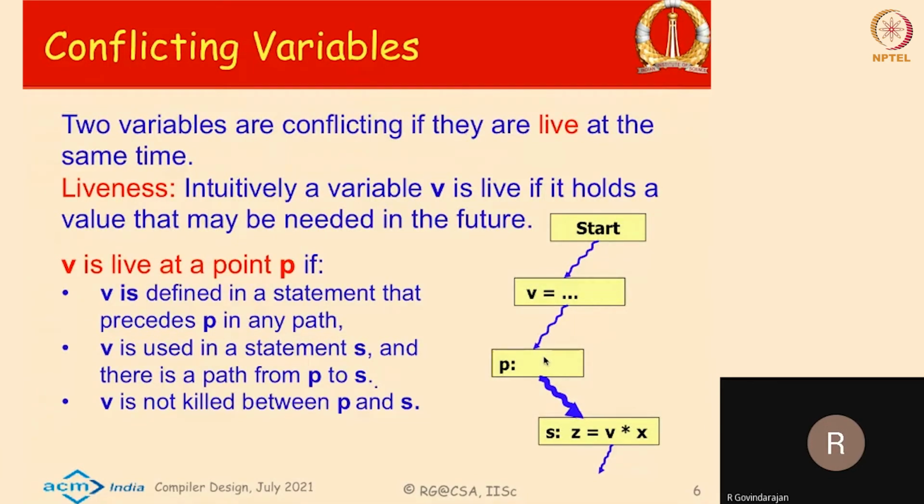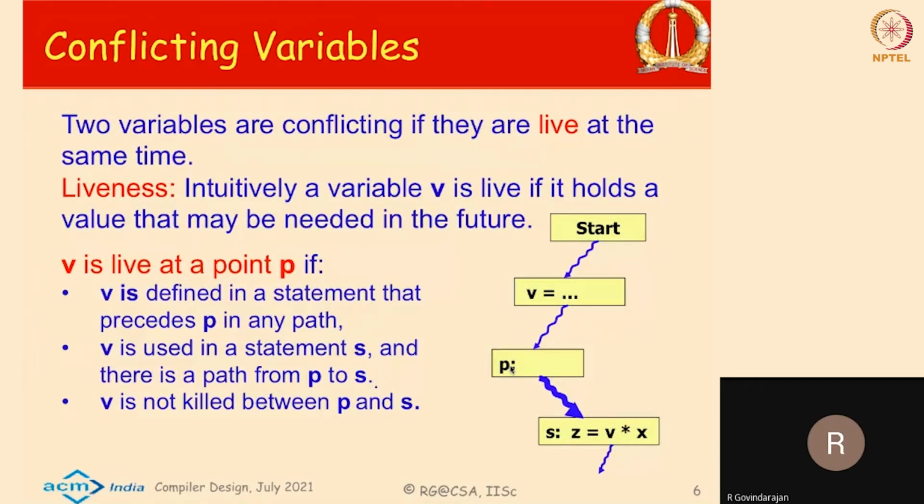We can't discard the value of v because it is going to be used subsequently, and there is no other definition of v on this path from p to s. Therefore, I can't discard this value. If there had been a definition somewhere here, I could say that this value of v may not be needed because I'm going to define it again later. But on all these paths from p to s, there is no definition of v. Therefore, at this particular program point p, the variable v is live.